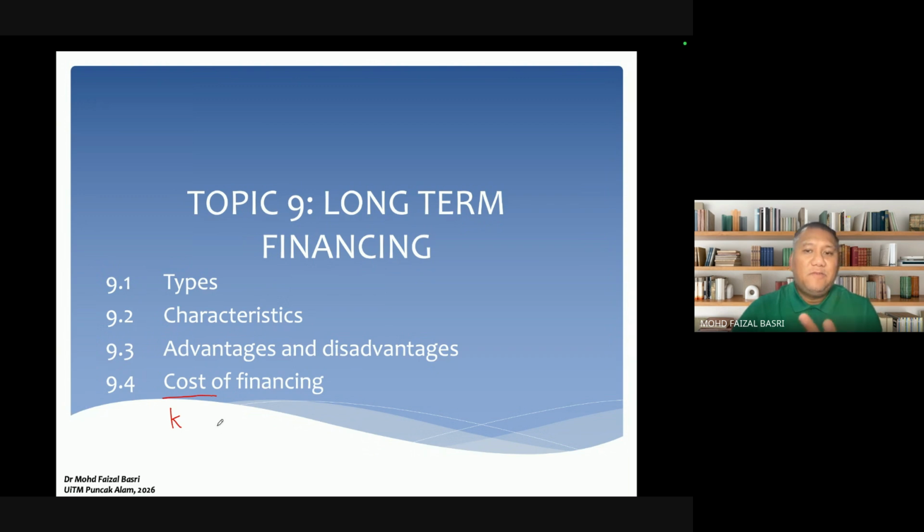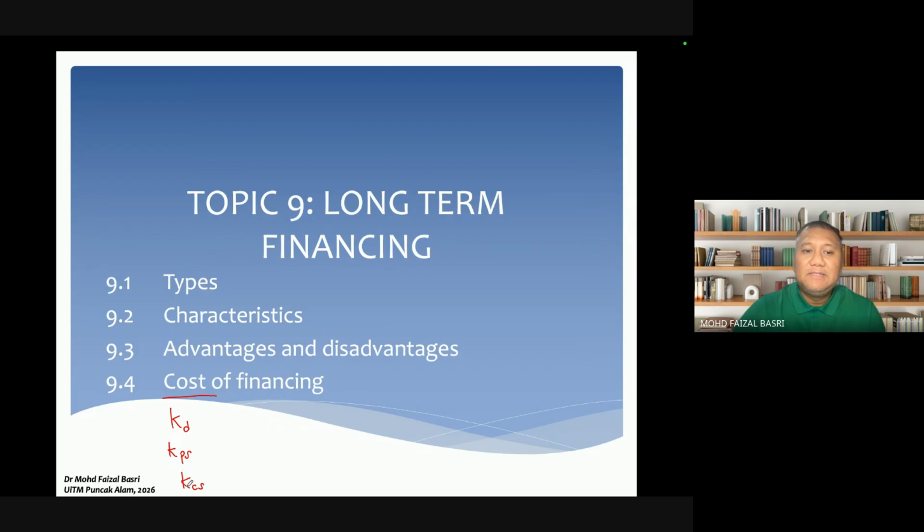Okay, since we have 3 different instruments, kita akan ada 3 cost. The first cost, we use the symbol KD, cost of debt, hutang. Okay, cost of debt. And then we have the second K, which is cost of preferred stocks, or KPS. Right, and the third one, still K, but now with CS, which is the common stocks.